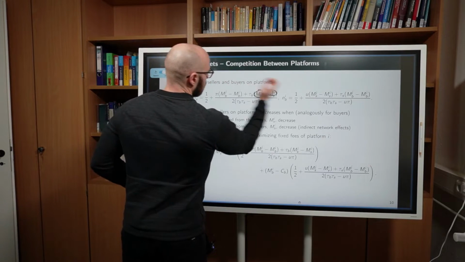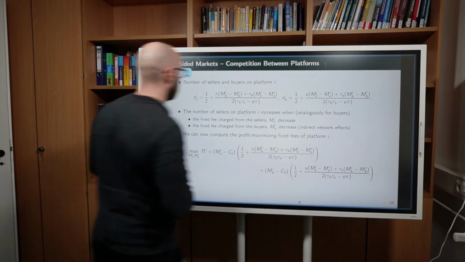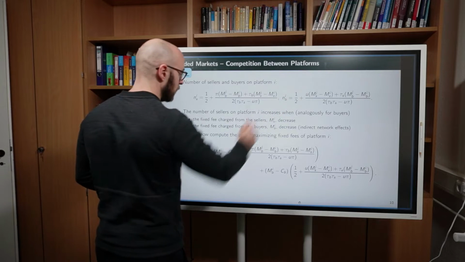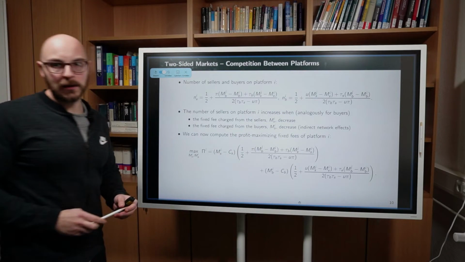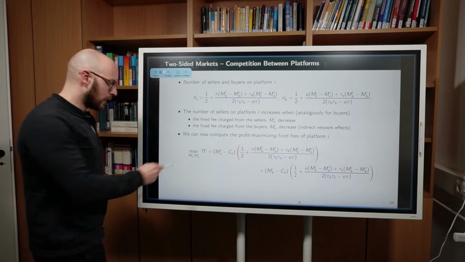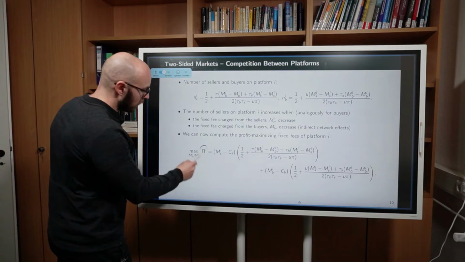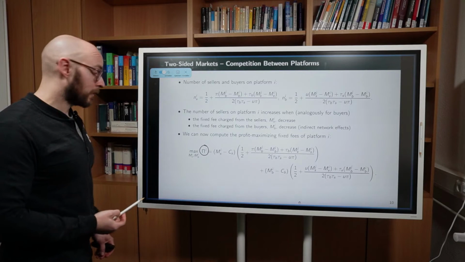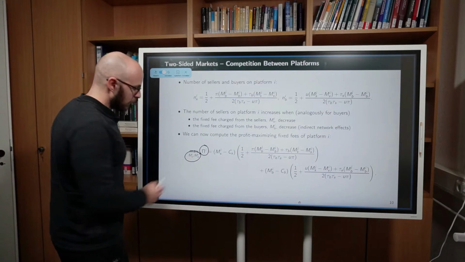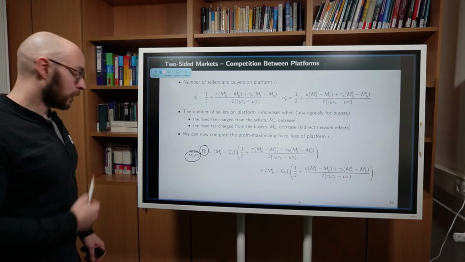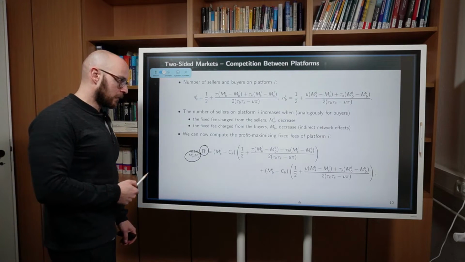Okay, so we can take this information, your NIS and your NIB, and set up the profit maximization problem here. And that is what we have done here. So that is our platform profits of a given platform I. And the platform I chooses its fixed fees for the buyers and the sellers optimally.